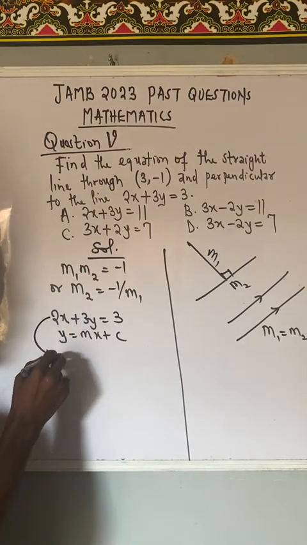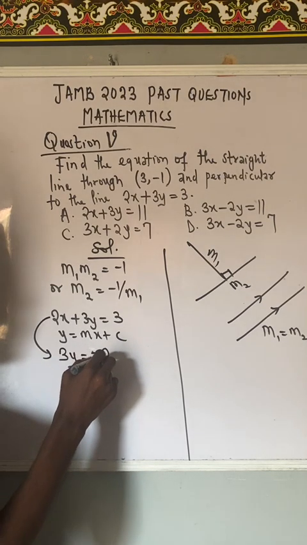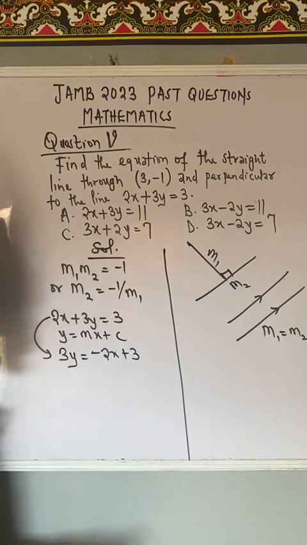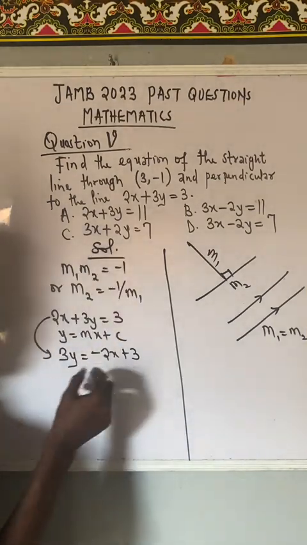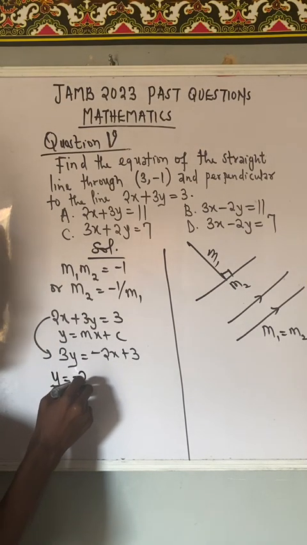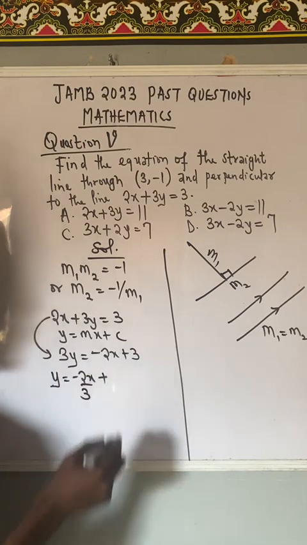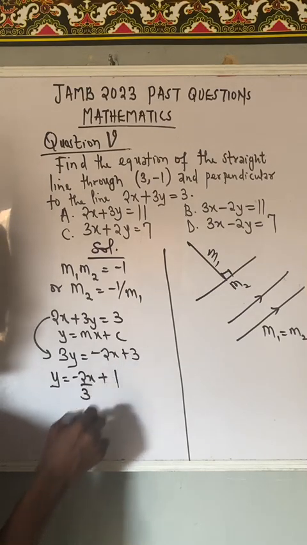So we are making y the subject of formula. We have 3y equal to minus 2x plus 3. That is, if I move 2x to the other side, it becomes minus 2x. So divide through by 3. So we have y equal to minus 2 over 3 x plus 1. Divide through by 3, so if you divide this by 3, you have 1.